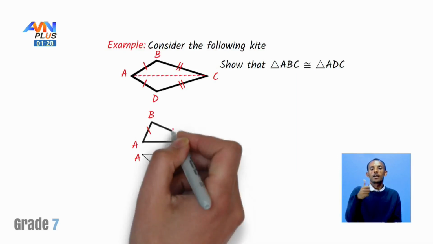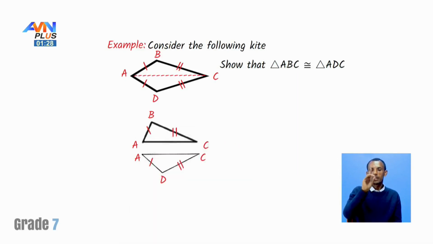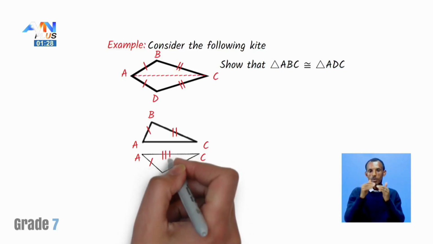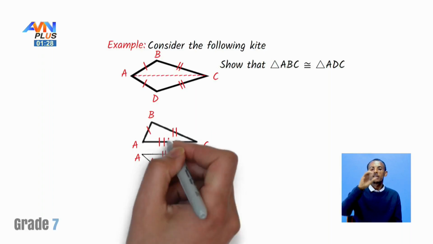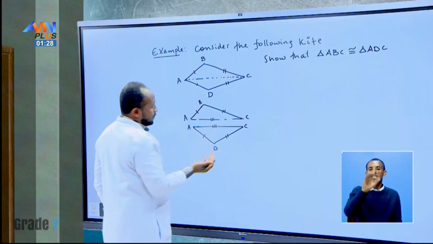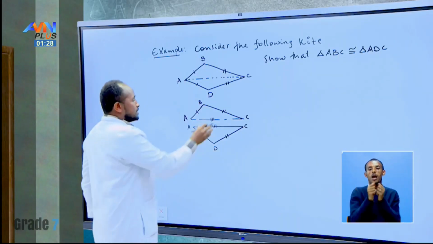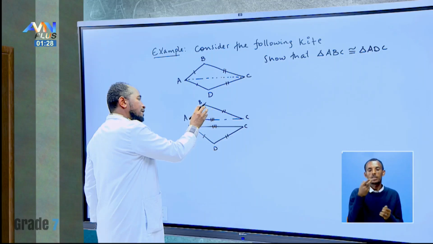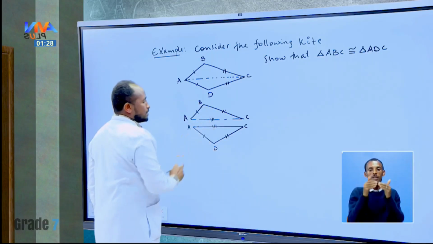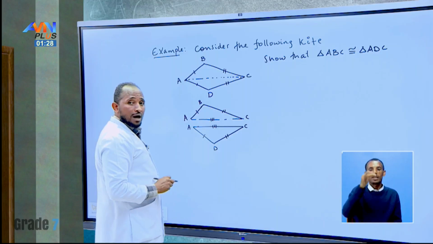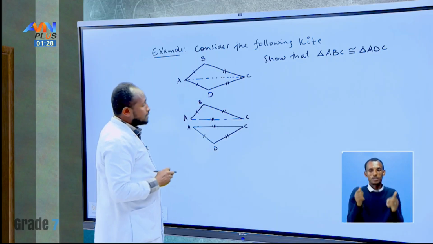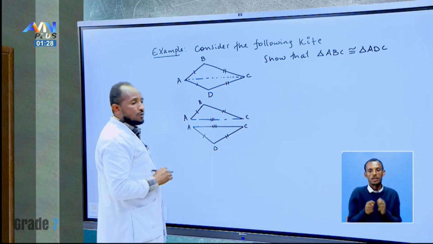This side is congruent to this one, and this side is congruent to this one. This is common for both. Therefore, as you can see, the three sides of this triangle are congruent with the three sides of the lower triangle. Therefore, by side congruence test, the two triangles are congruent.